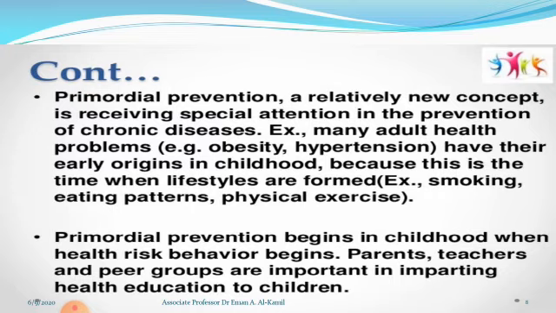So it is important to establish a healthy lifestyle as early as possible to prevent the establishment of the risk factors. Primordial prevention begins in childhood when health risk behavior begins.